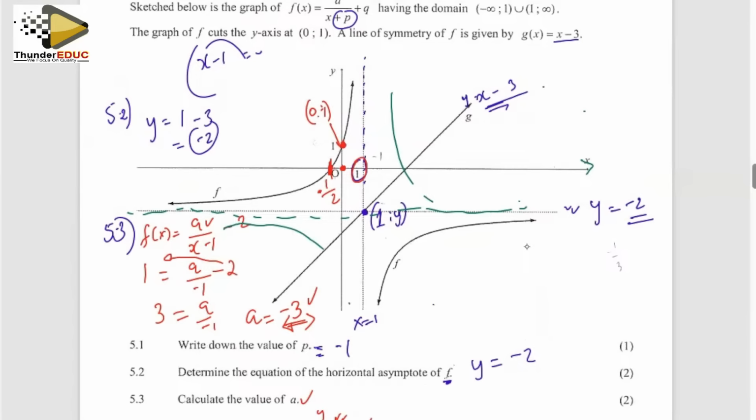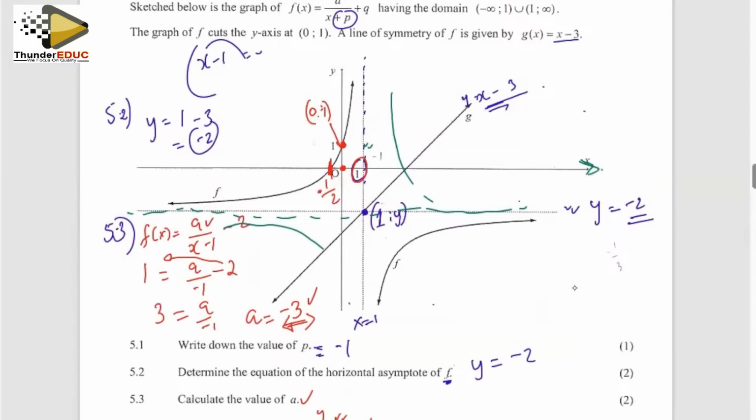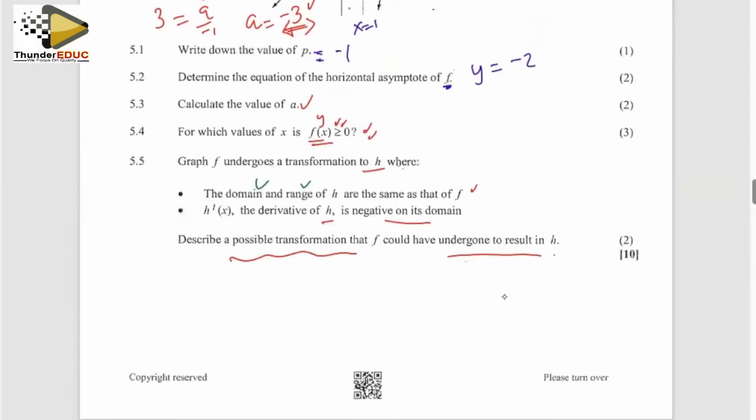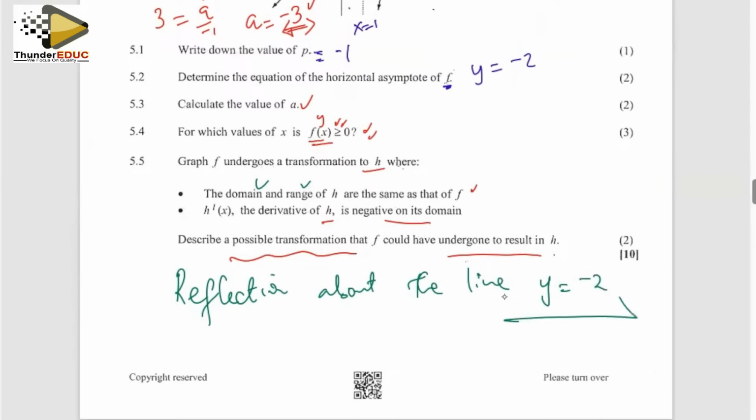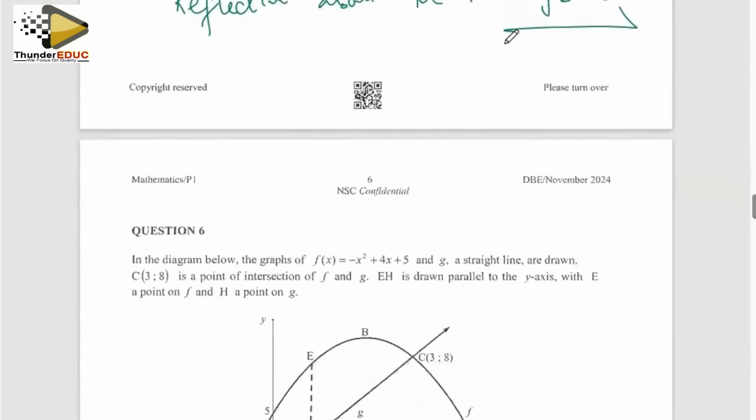In that way, we have preserved our domain, and we've also preserved the range, because they told us the domain and the range will be the same. Reflecting about the x does affect the range. Reflecting about the y will affect the domain. So the quickest answer was just a reflection about the line y is equal to negative 2, or reflection about the horizontal asymptote. So that was what was expected for question 5.